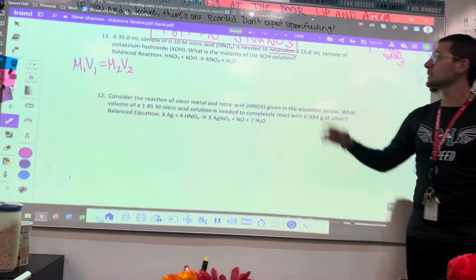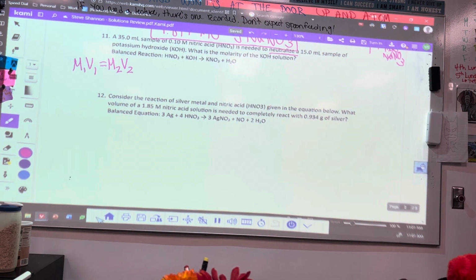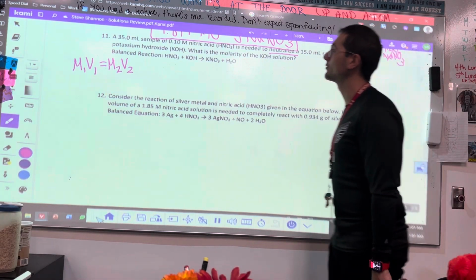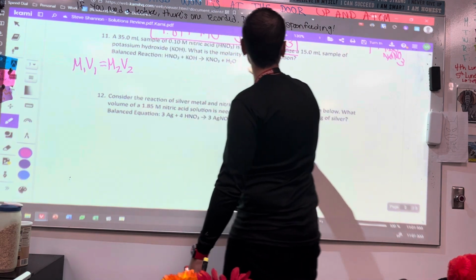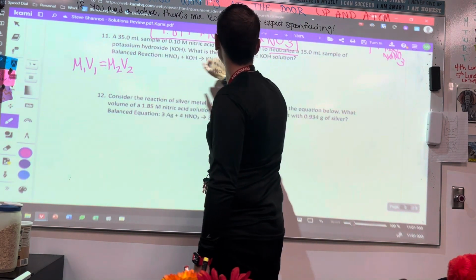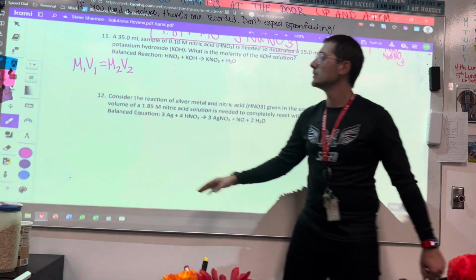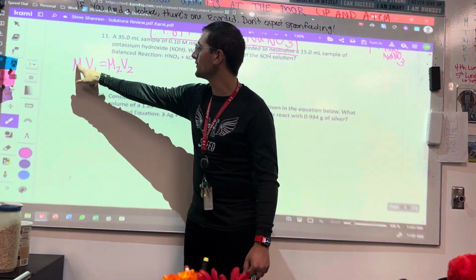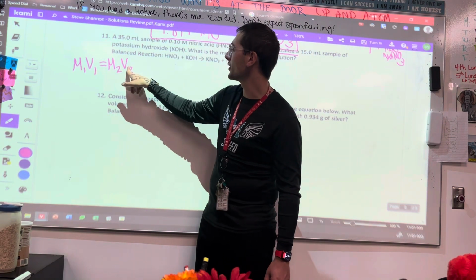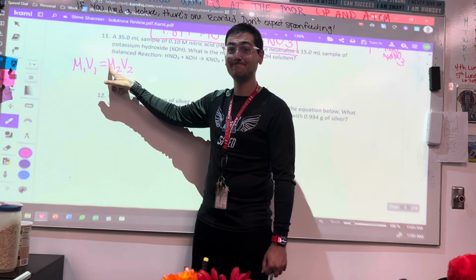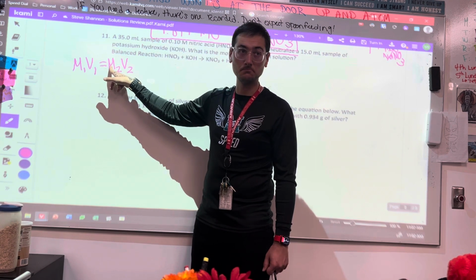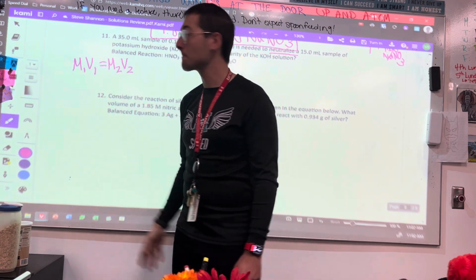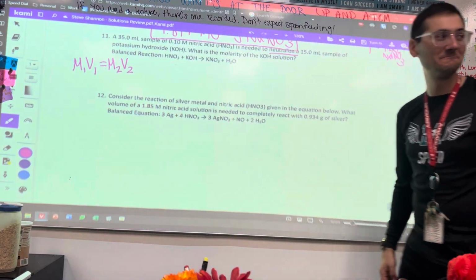The other thing you need to realize is you are given one volume and one molarity, and another volume and a missing molarity. That means you have this variable, and this variable. You just need to solve for this one. And at that point, it becomes an algebra problem, which ain't that bad. Don't look at me like that.